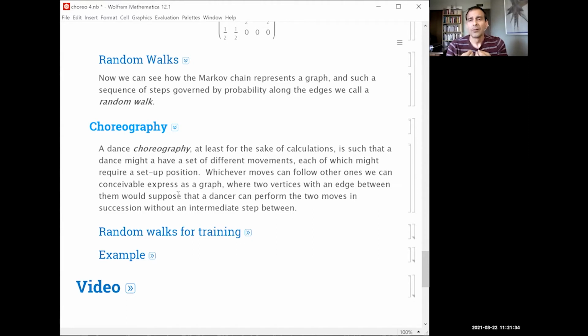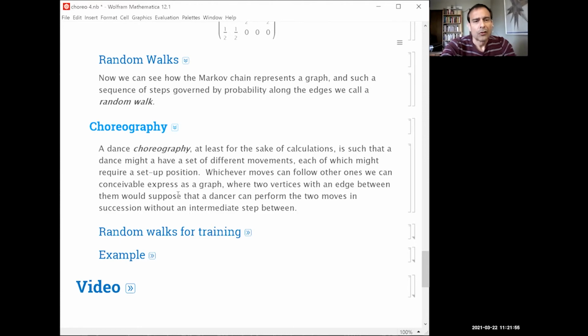So we can say that a dancer can follow a network graph where two movements have an edge between them if one can immediately follow the other. You think of the dance moves as vertices and the connections between them as edges.